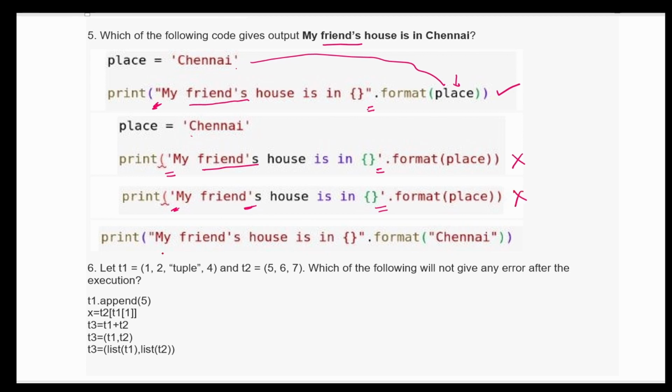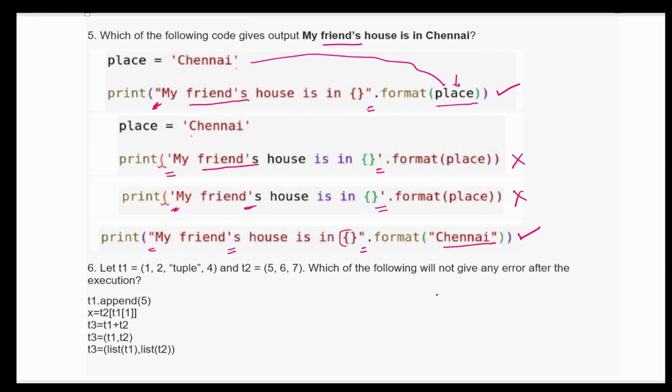Now if you come here, double quotes are there. Within that single quote is there. So this is correct. And when you are coming here, this will be replaced by Chennai. So here the name is given, variable name is given. Here the value itself is given. You can give anything, both will be correct.